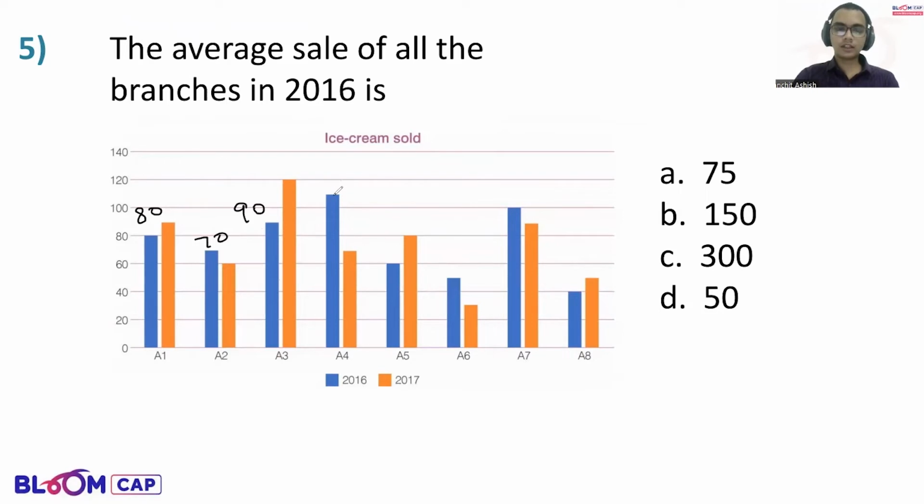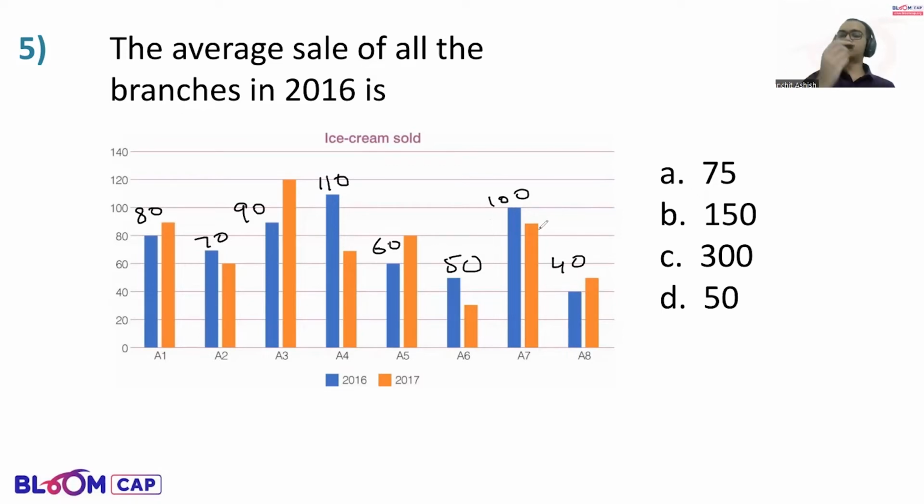For A4, it's between 100 and 120, halfway through, so we'll write it as 110. For A5, it's 60. For A6, it's between 40 and 60, so it must be 50 because it's almost halfway through. For A7, it's a direct 100, and for A8, it's 40.